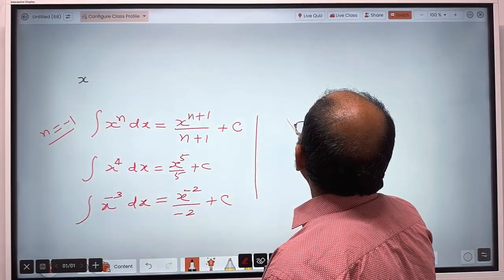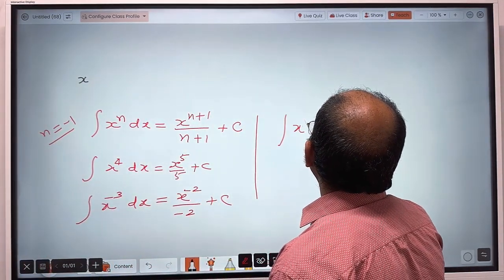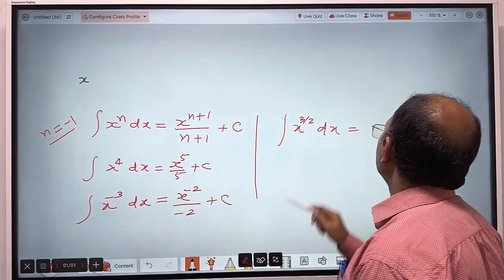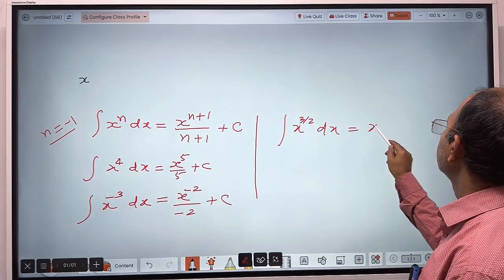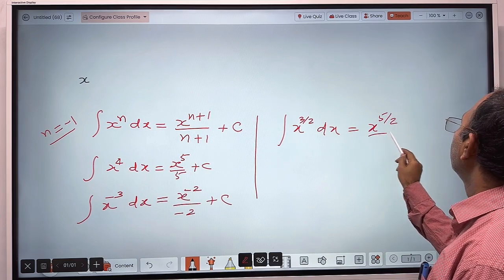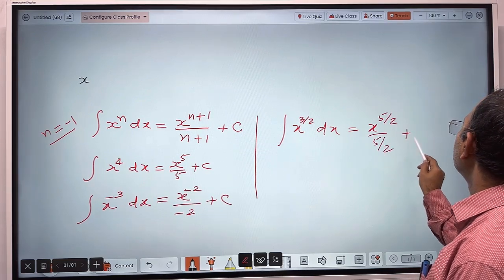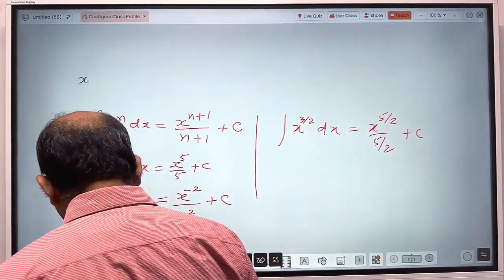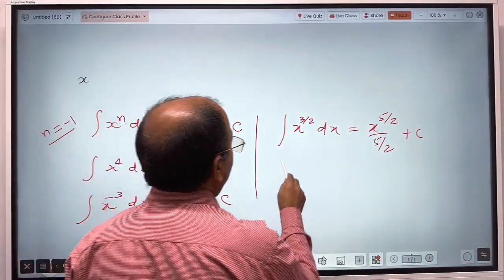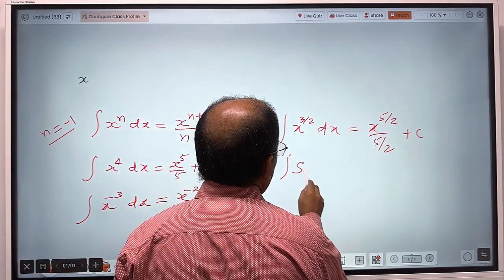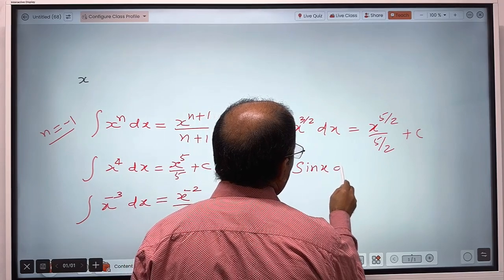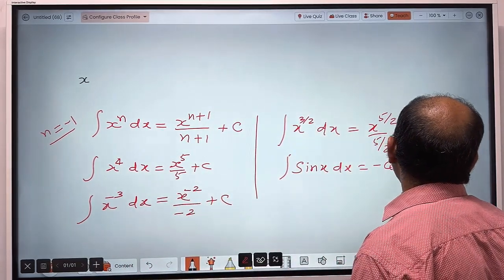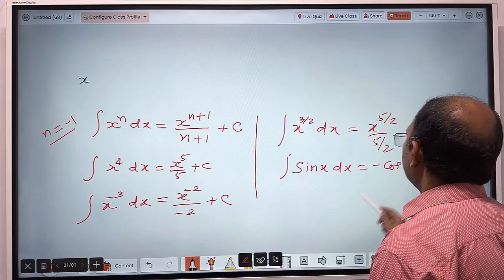Consider another question. Suppose integration of x power 3 by 2 dx. It is again simple. Just write x power 5 by 2 divided by 5 by 2 plus c. You can rearrange it, so I'm leaving it for you. Suppose we take some trigonometric functions, like integration of sine x dx. This will give minus cos x plus c.